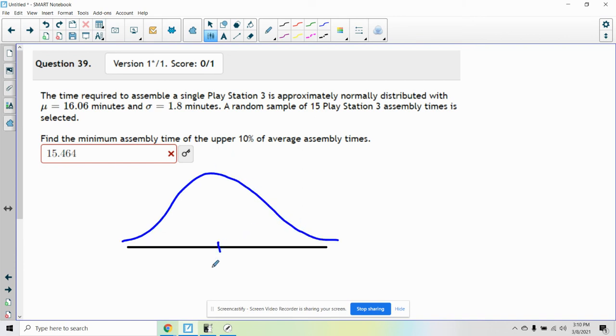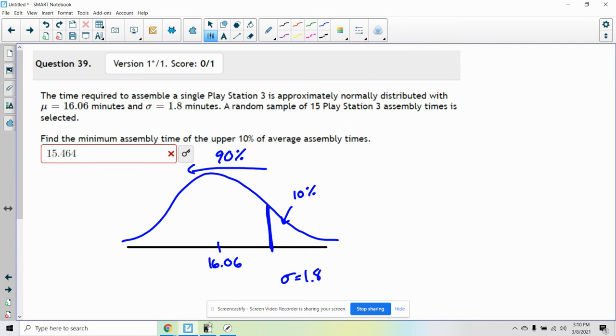The average assembly time is 16.06. Sigma is 1.8, but we're talking about a sample. So we want to know the probability of the sample having an average of that. We're looking for the top 10%, which means we're cutting off the bottom 90%.